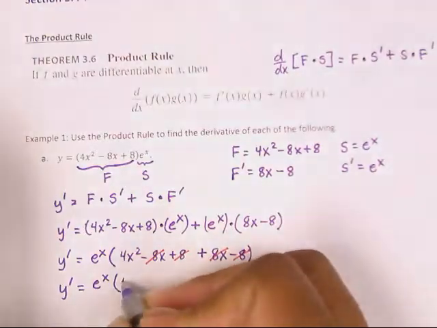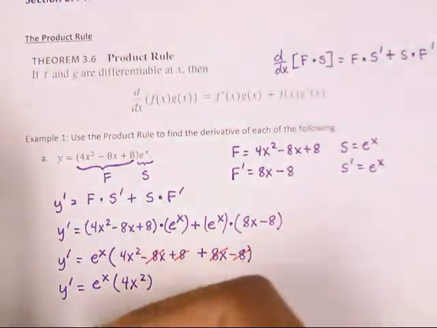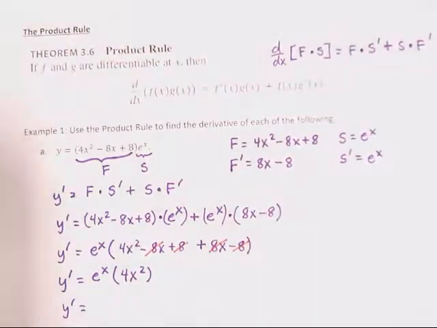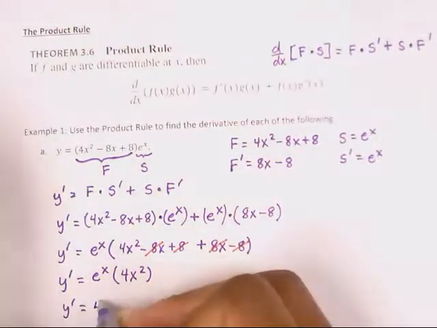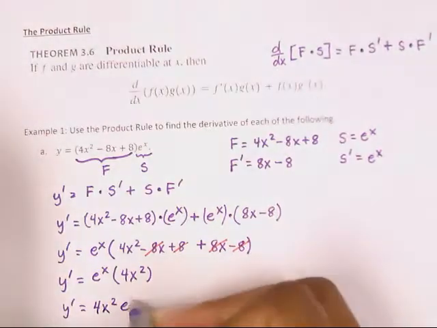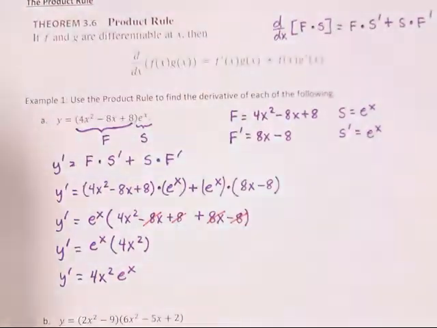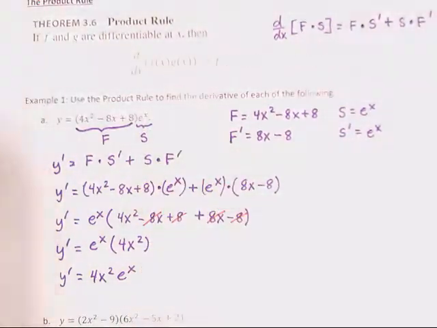So I've got e to the x times 4x squared. And if I put the 4x squared in front, I'll just have 4x squared times e to the x. So that's going to be the derivative of this function for y using the product rule.